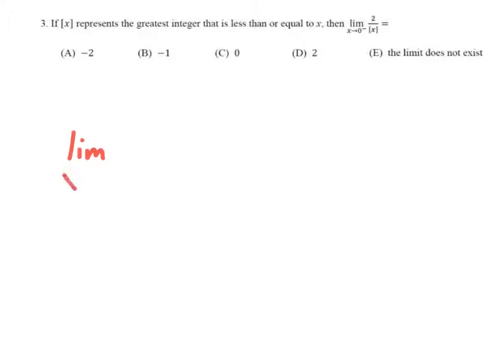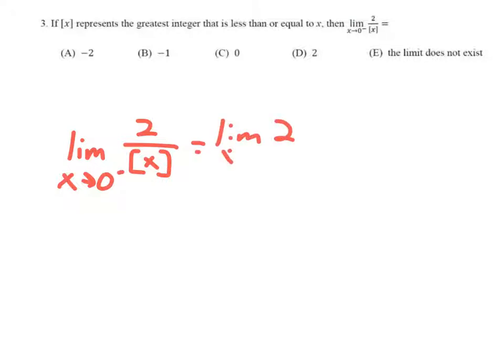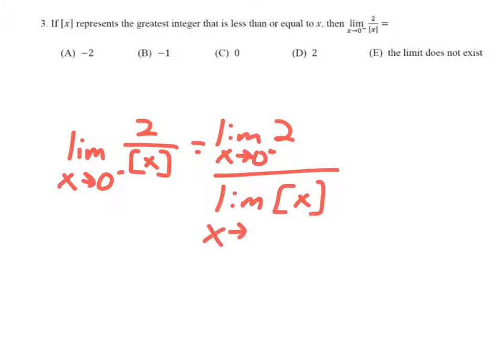This limit of 2 over the greatest integer function could also be thought of as the limit of 2 as x approaches 0 from the left over the limit of the greatest integer function as x approaches 0 from the left.